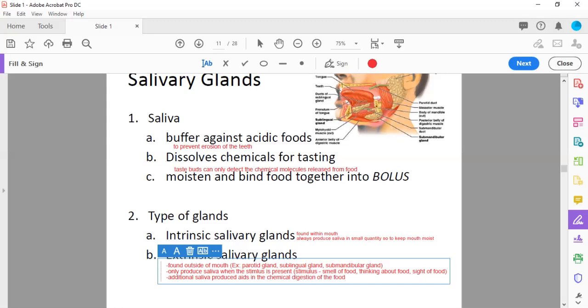Now we know saliva contains enzymes, and the enzymes help to digest the food in the mouth.